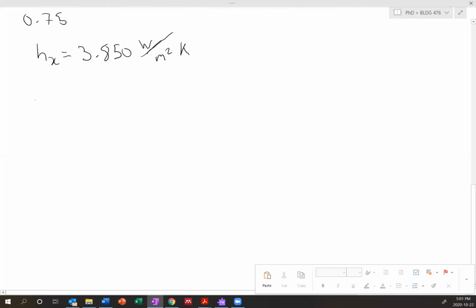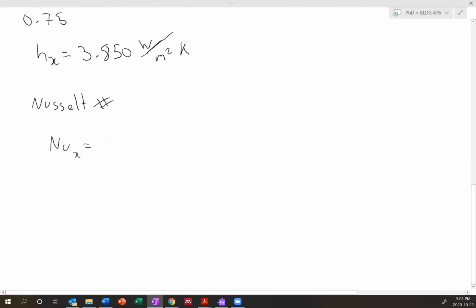So the last part of this question was to find the Nusselt number. So that's going to be our h of x, our x over k. So again, we'll do it for both distances, for 0.5.